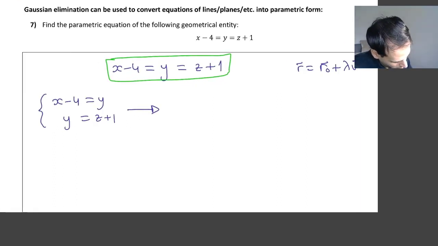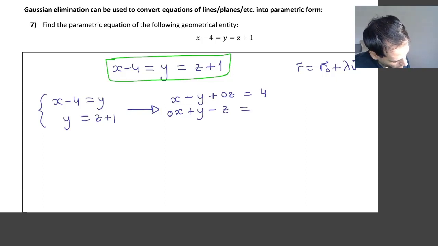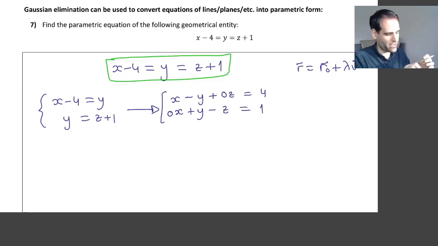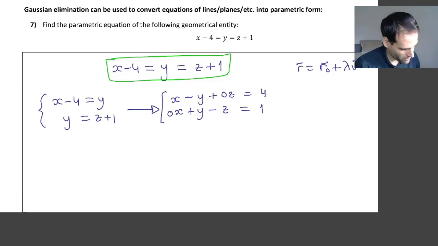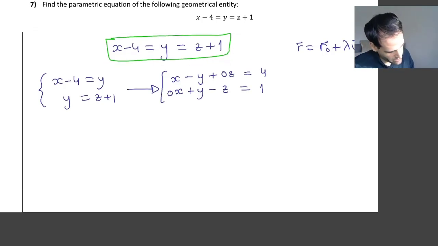This would be x minus y plus 0z equals 4, and 0x plus y minus z equals 1. I rewrote it just putting x, y, z on one side and the independent coefficients on the other side. So this means we have the following augmented matrix: 1, minus 1, 0, 0, 1, minus 1, and the independent coefficients are 4 and 1.